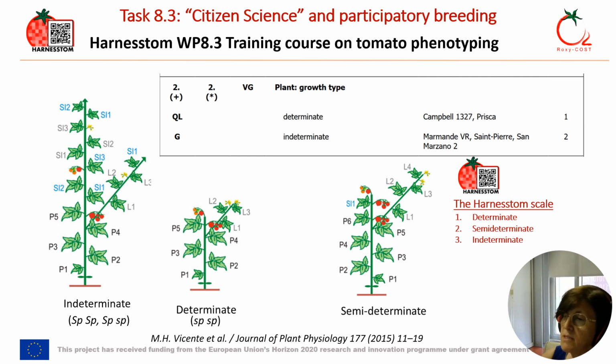Semi-determinate varieties do not have consistently 3 leaves or internodes between inflorescences, and show semi-determinate growth, for example, with the termination of the stem with the 9th inflorescence or at higher than 20 inflorescences.